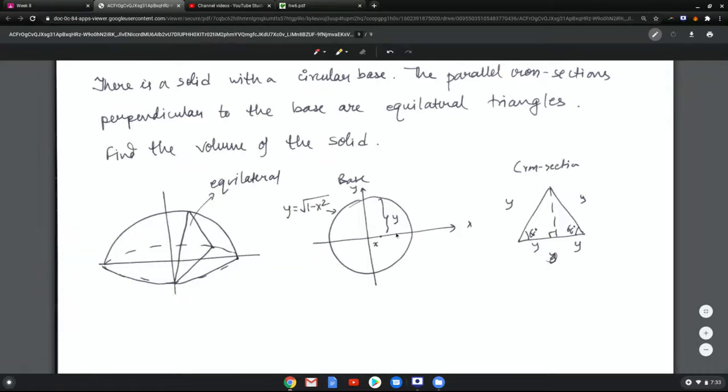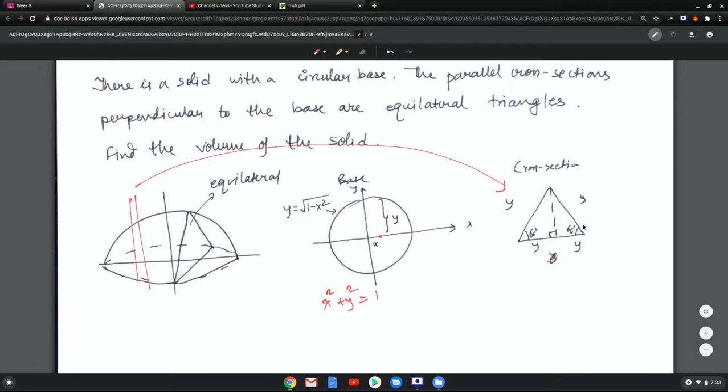So if you look at the base, this is what's happening. For every point x, that's the value of y. Let's say the circle is x squared plus y squared equals 1. And the cross section is an equilateral triangle. So in this case, when you slice, the slice gives you an equilateral triangle.